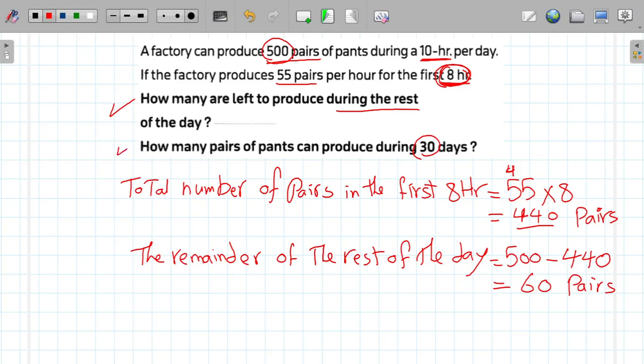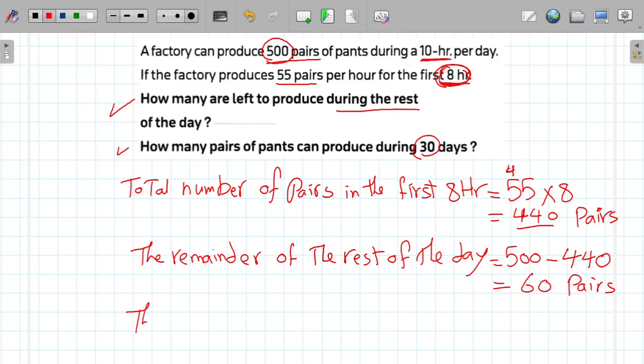The next question, I want to know how many pairs of pants can be produced during 30 days. So in one day, the factory produces 500 pairs. Okay, so I will multiply the number of pairs by the number of days.